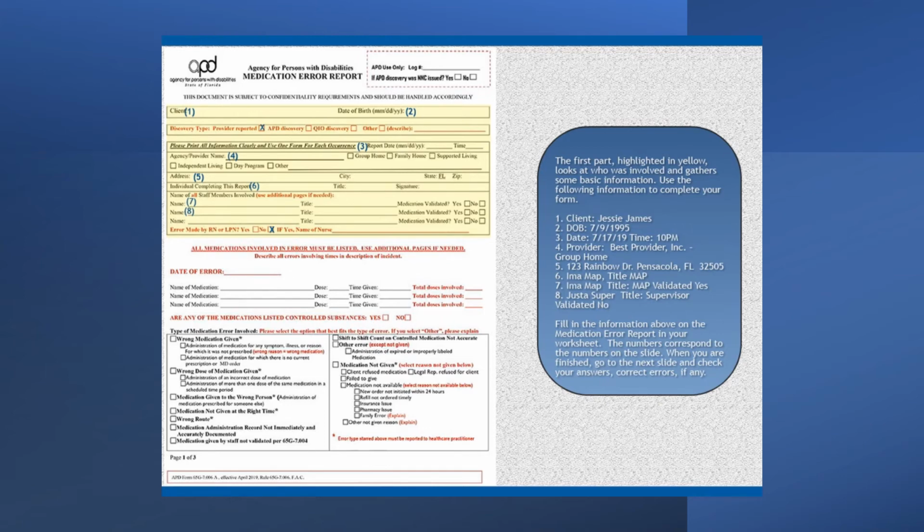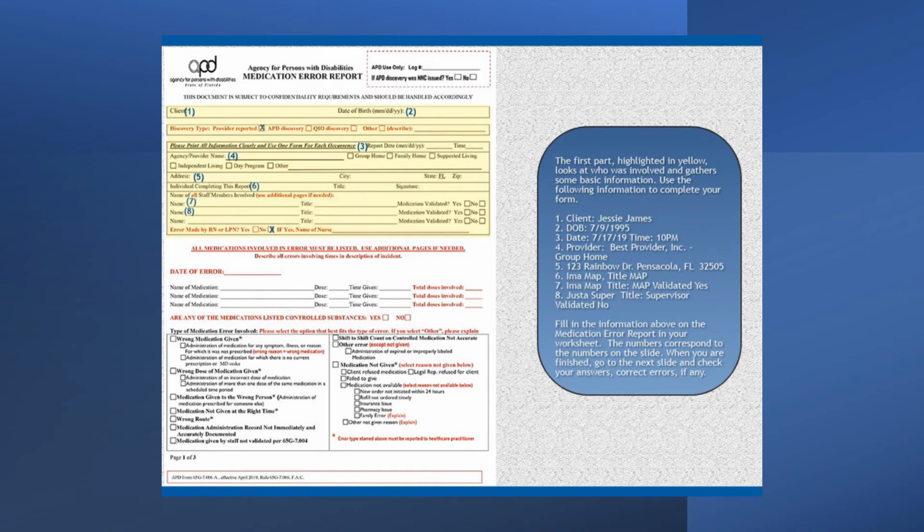Provider Best Provider Incorporated is a group home. 5. 123 Rainbow Drive, Pensacola, Florida 32505. 6. I'm a MAP, title MAP. 7. I'm a MAP, title MAP, validated yes. 8. Just a supervisor, title supervisor, validated no.